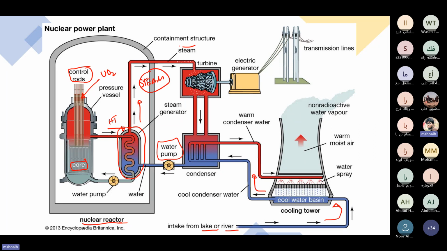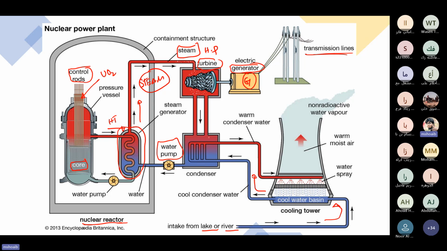This steam is at high pressure, so we flow it through this turbine, and the remaining story is known to you. Whenever this turbine rotates, it is connected with the generator. This generator converts this rotation into electrical energy, and we give it to the transmission line.